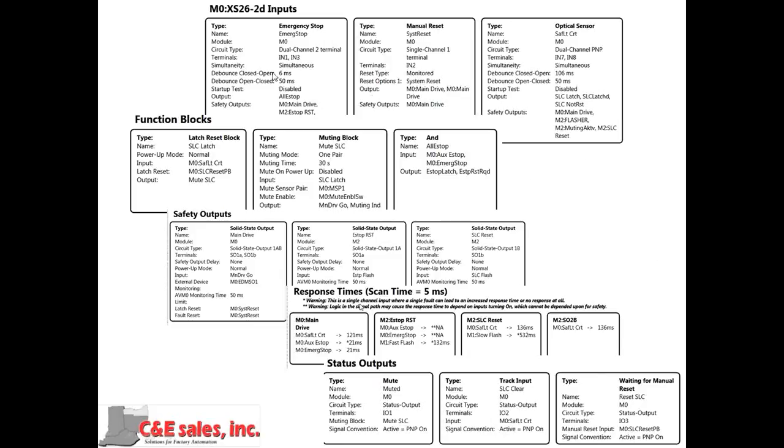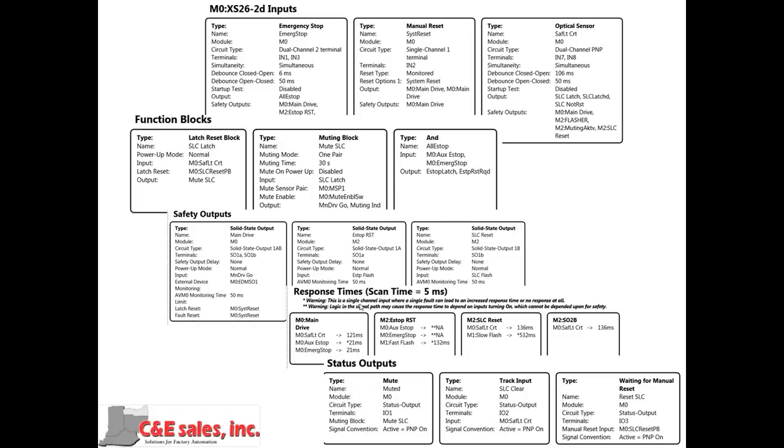And I sort of put this conglomerate together. You can see up here, here's some of the inputs: the emergency stop, manual reset, optical scanner. That's the safety light curtain. It's located on M0. These are the terminals. Simultaneity requirement. One thing I'll point out, which I did as an example, don't do this in the real world, is we have slowdown or anti-bounce delays, both the transition 1 to 0 and 0 to 1.